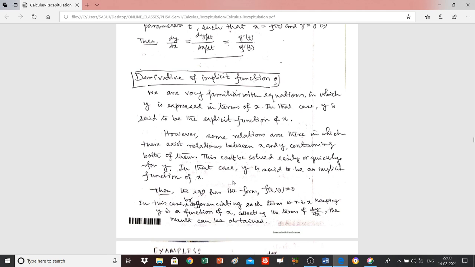In this relation, both sides contain both variables, x and y. This kind of relation, you can write as f(x, y) is equal to 0. That means if you bring the right hand side to the left hand side, then the right hand side will be 0, and the left hand side can be written in this form, f(x, y).